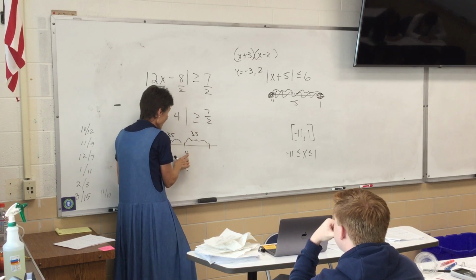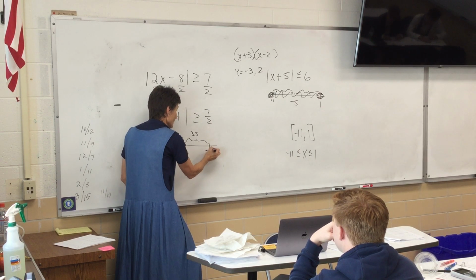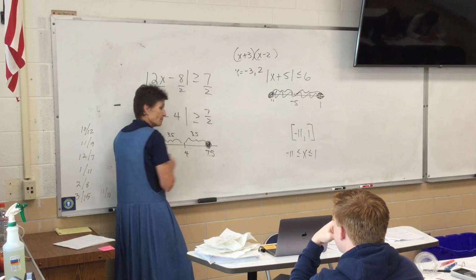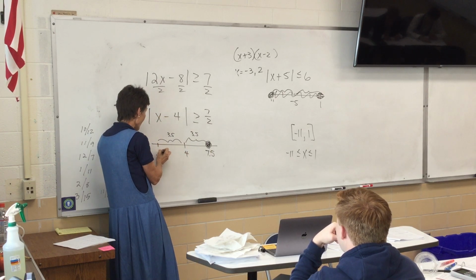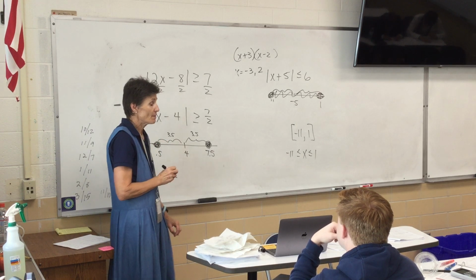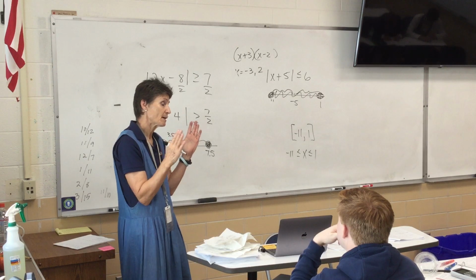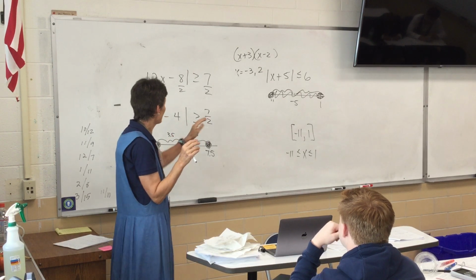So if I count 3.5 ahead of 4, past 4, I would be at 7.5, closed dot. If I go back 3.5, I'll be at a half, closed dot. And then the only decision I have to make is, am I coloring in between them, or am I coloring outside of them?